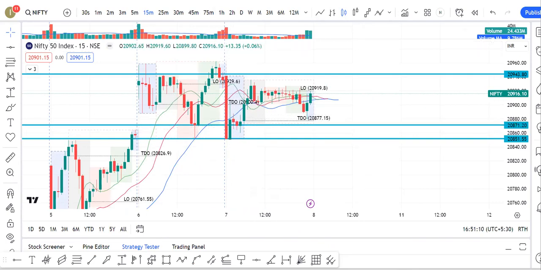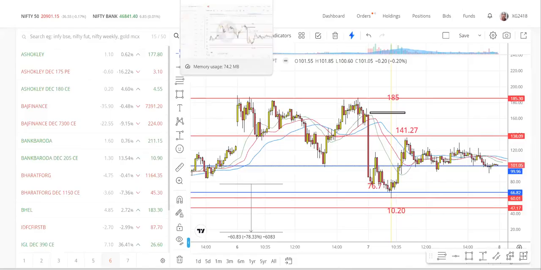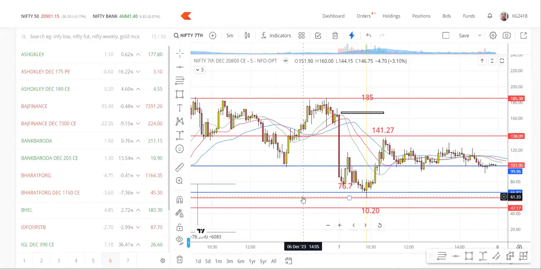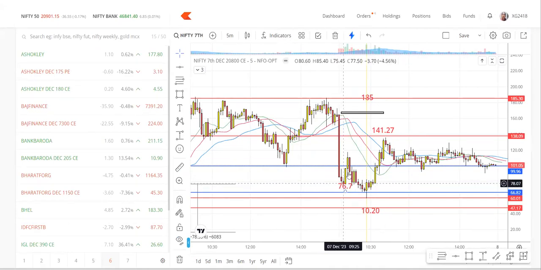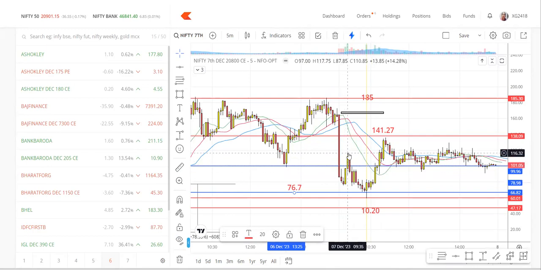Let me go to the call option premium. What happened to the option premium? It fell to a low of 75.45, and it bounced up to 170. And then later it started coming down.